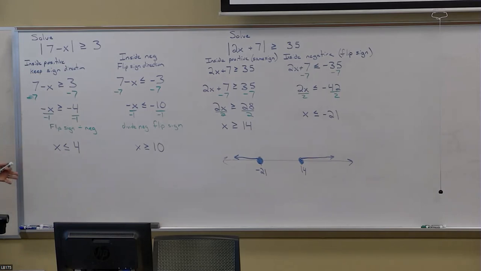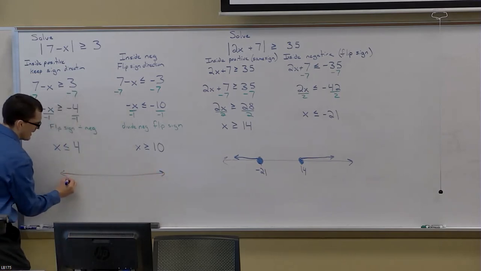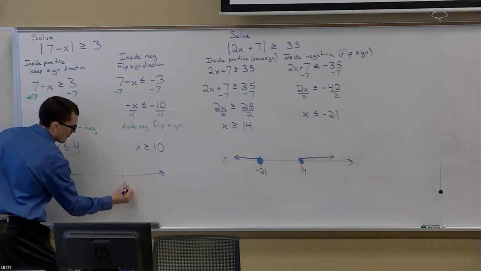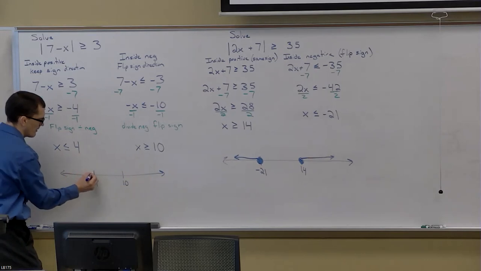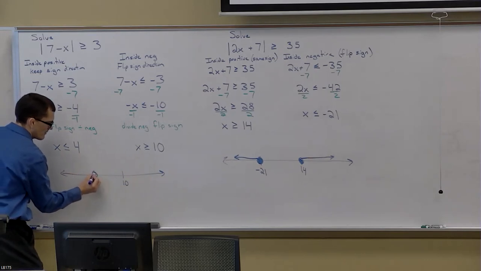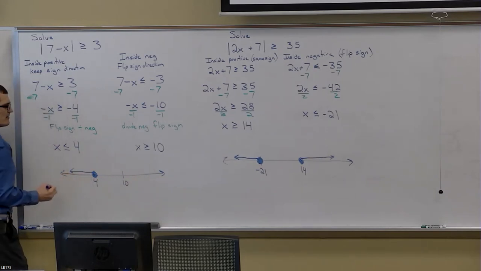So that's my algebraic solution. x is greater than or equal to 10, or less than or equal to 4. And you'll notice if I draw that out, less than or equal to 4, since we have the equal, I shade in the circle, pointing to the left.